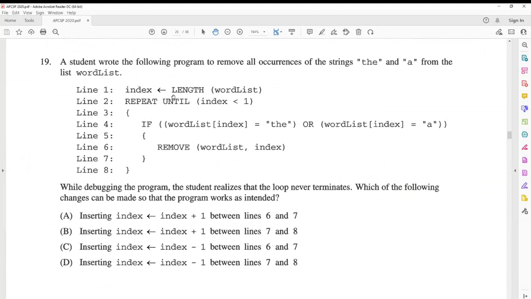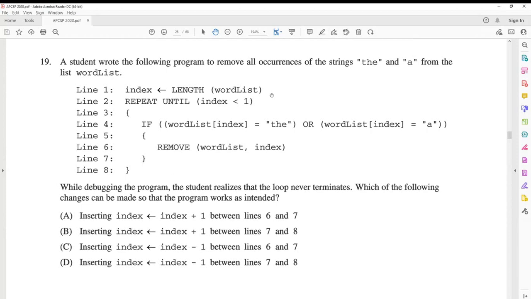Number 19, we have this. A student wrote the following program to count the occurrence of a string in the word list. This one has something wrong, so what should you do? You need to insert an index increase somewhere.